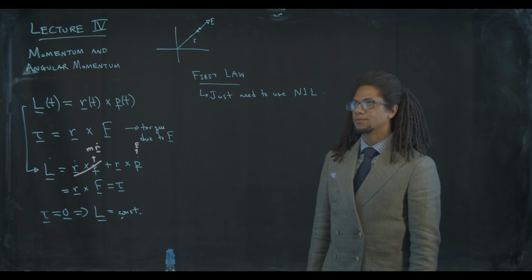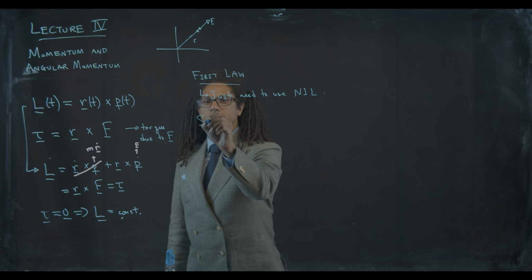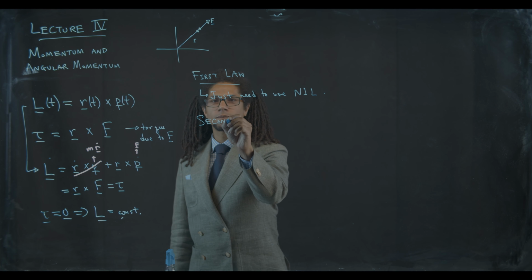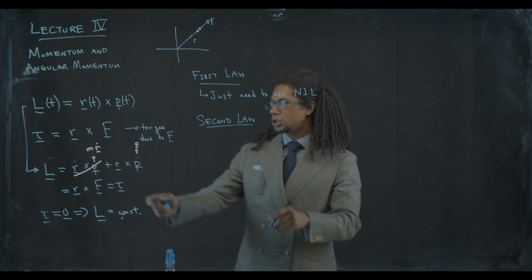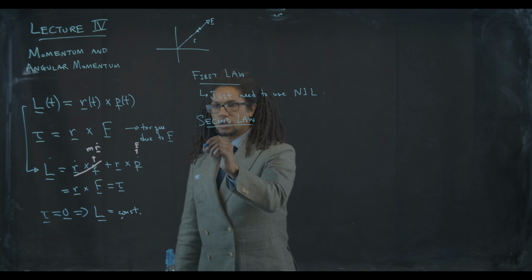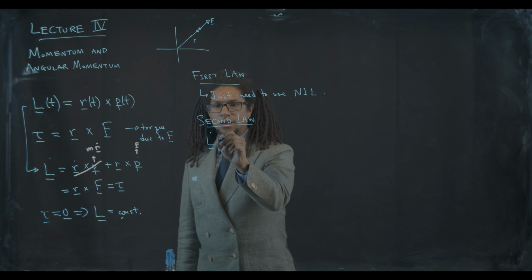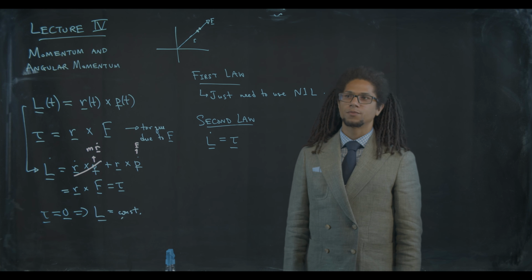All right. Now, the second law, we've basically just shown it. Let's put it over here so that we can put them in a nice order. So it's going to be that L dot is equal to tau. Wonderful.